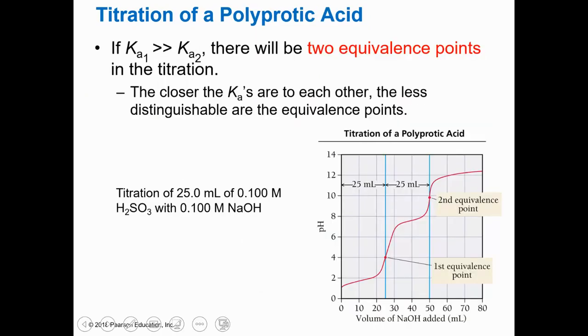Okay, if you've got a polyprotic acid, notice there are 2 equivalence points. And again, I'm not going to ask you to calculate any polyprotic acids, but you are going to need to recognize them based on their graphs.